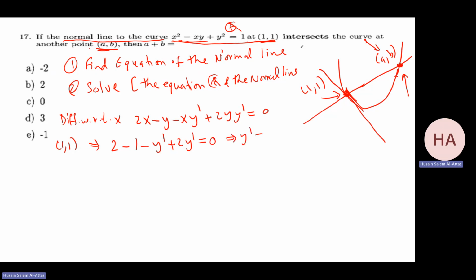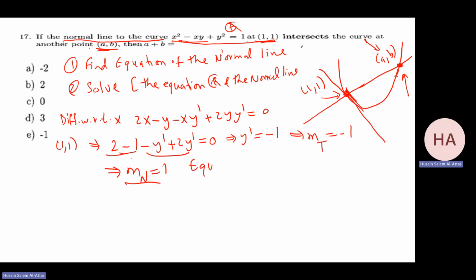So I have y prime. This is y prime, this is 1. Take it to the other side, minus 1. So the slope of the tangent is minus 1. That means the slope of the normal is 1.